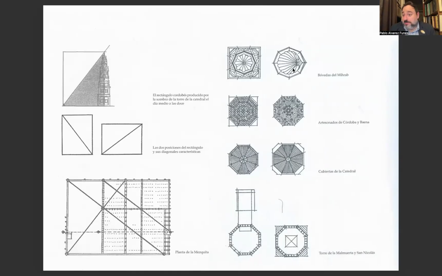So we have kids drawing a rectangle. We have the Modulor. We have the perfect recipe for a disaster. And then to justify that, we have a monument that was built in the 9th century, heavily refurbished in the 16th century, heavily refurbished in the 18th century, and the shadow that is casting is exactly the same proportion.